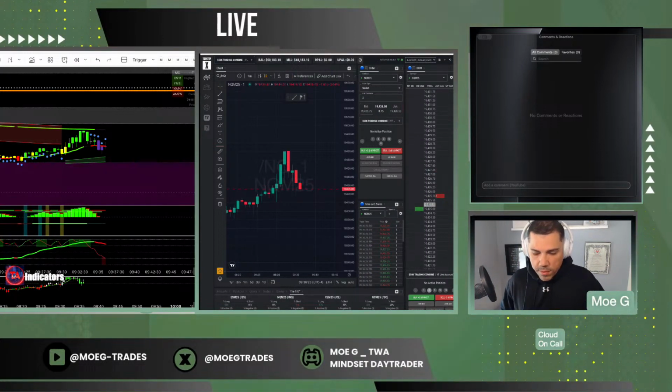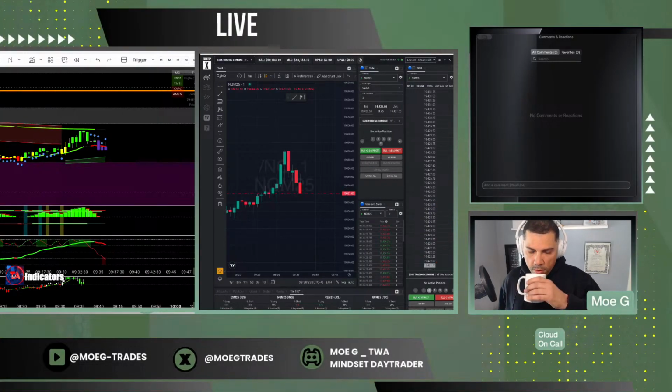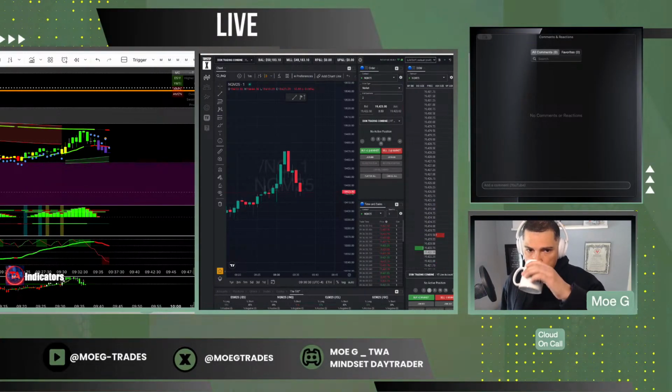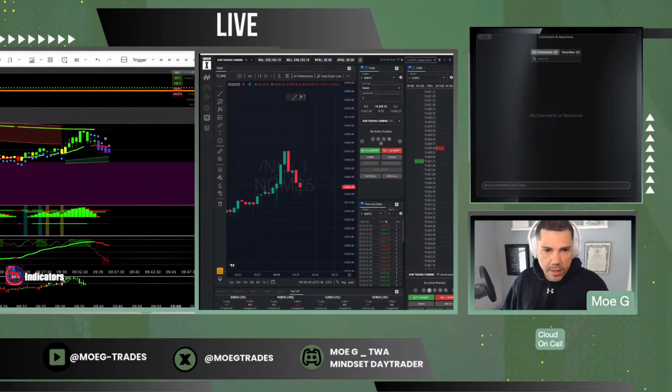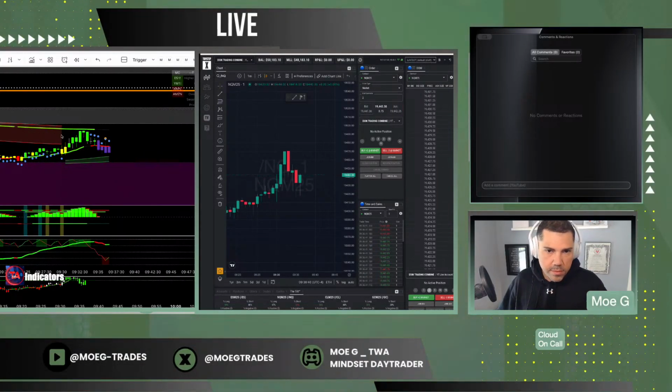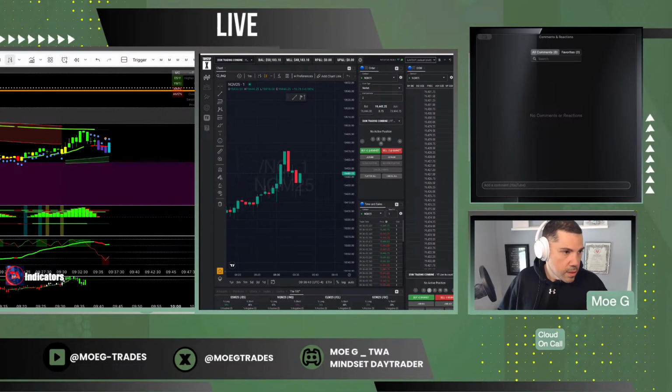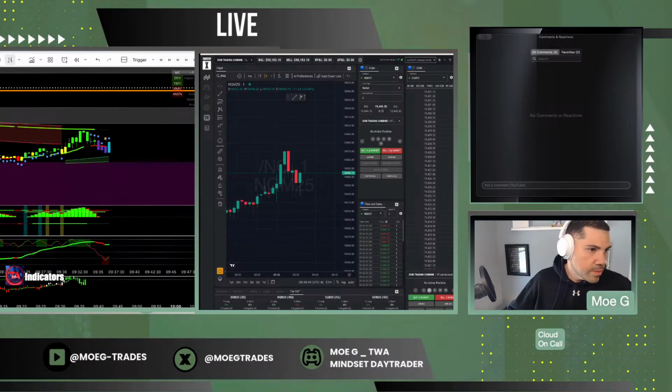ATR is 23. No trades yet. We have a Gabby buy button right here. Maybe I should change the color of it. Let's change this around a little bit because we get time.